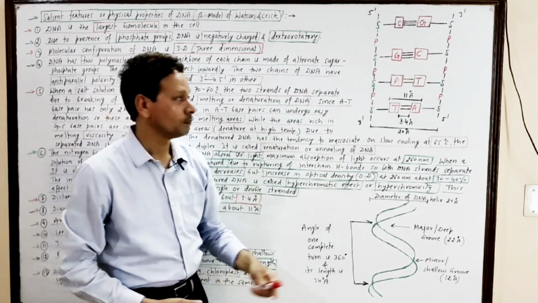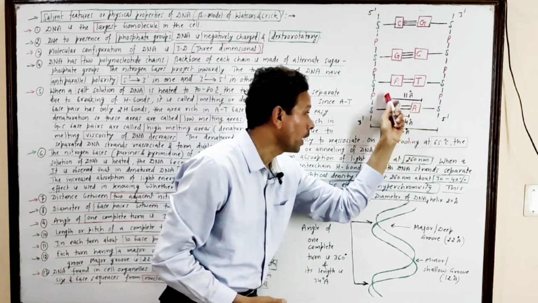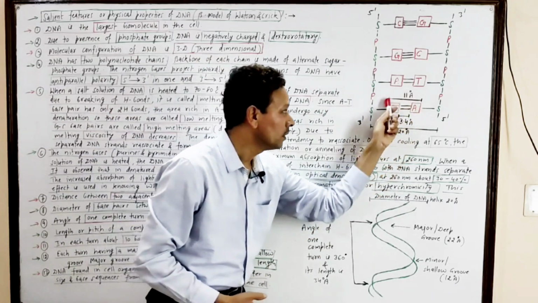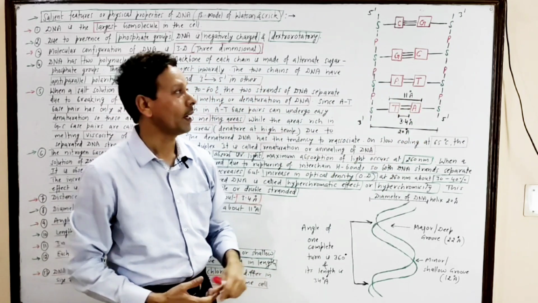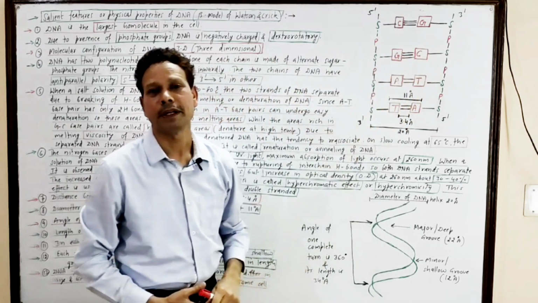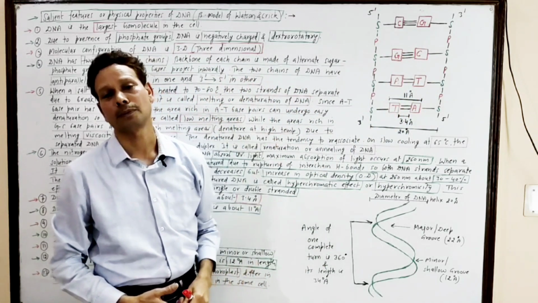As we know, the hydrogen bonding between A and T base pairs is a double hydrogen bond, while between G and C base pairs it is a triple hydrogen bond.